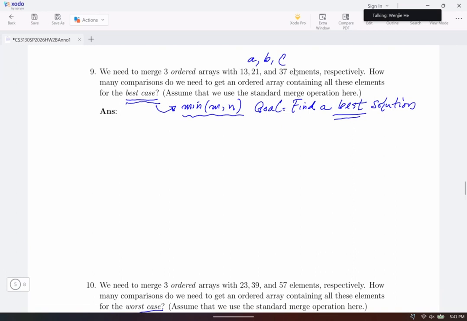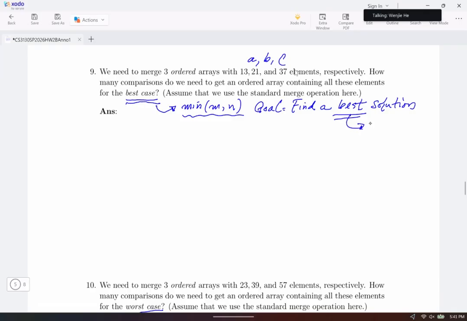Because some students get confused regarding some words. So the best solution means the minimum number of comparisons, right?